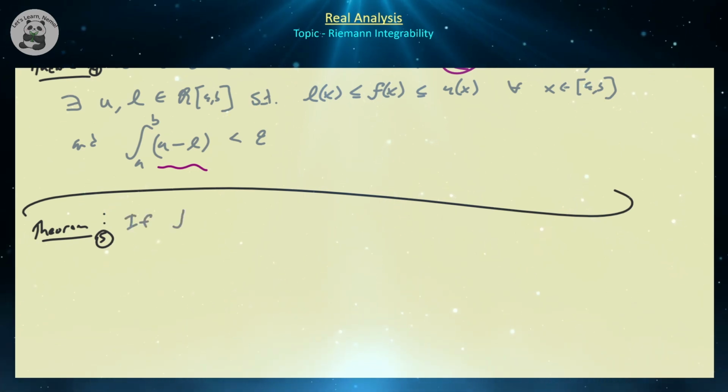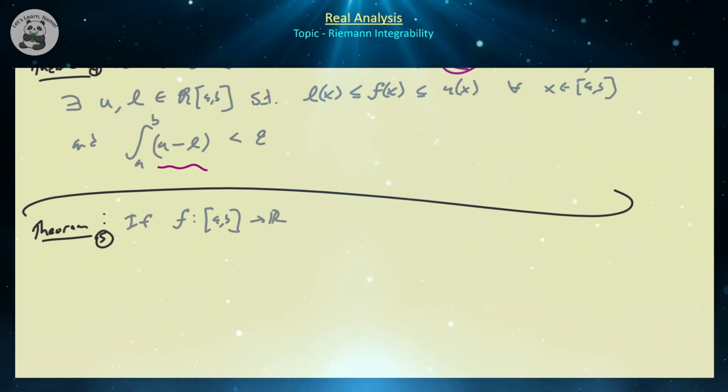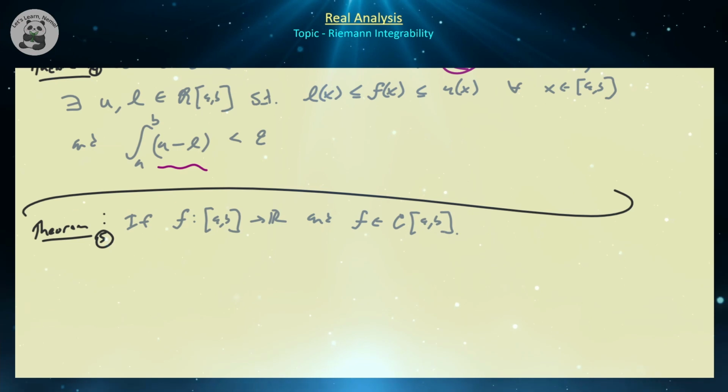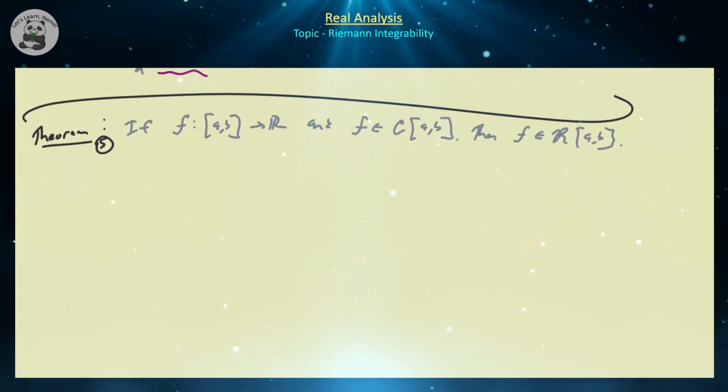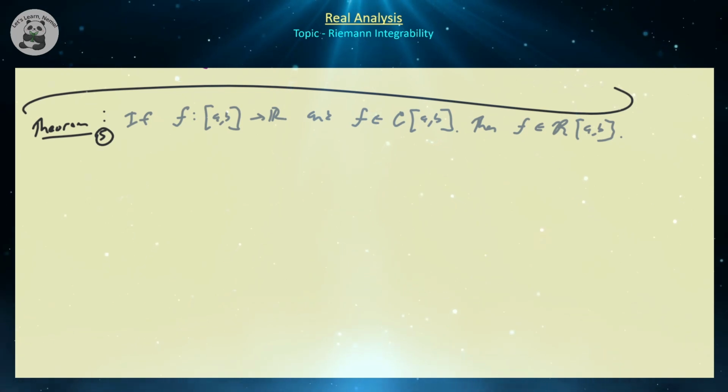Let's assume that f maps [a, b] to R, and that f is continuous on [a, b]. So we're looking at all of the functions that are continuous on a closed and bounded interval. Then f is also Riemann integrable on [a, b]. So how do you prove that all continuous functions are Riemann integrable?